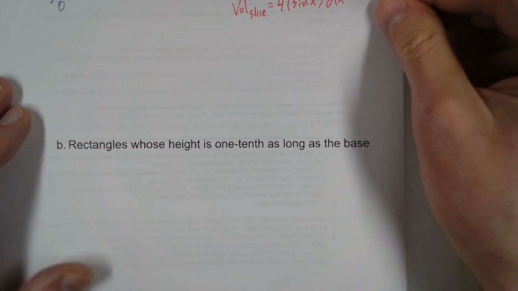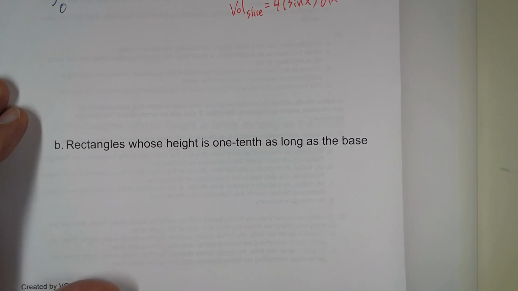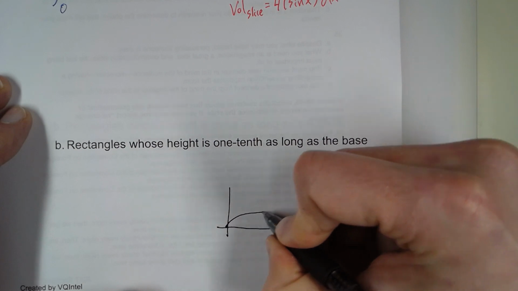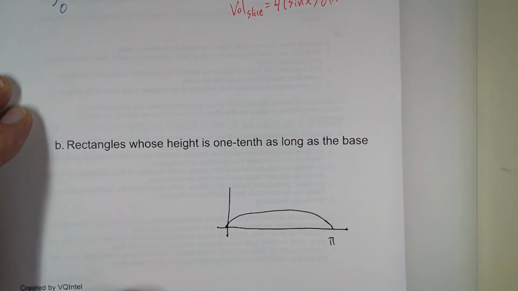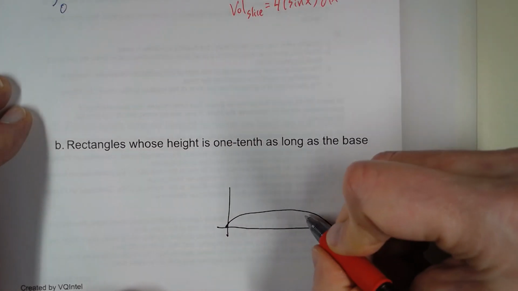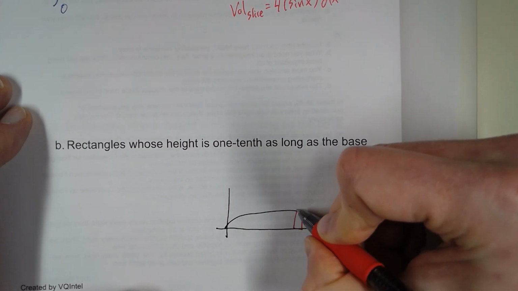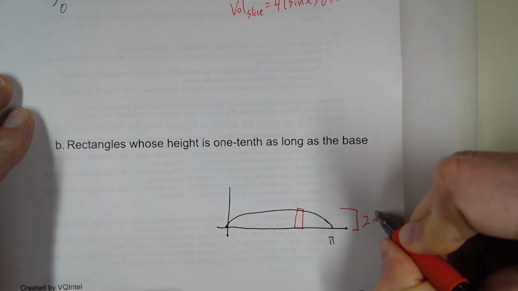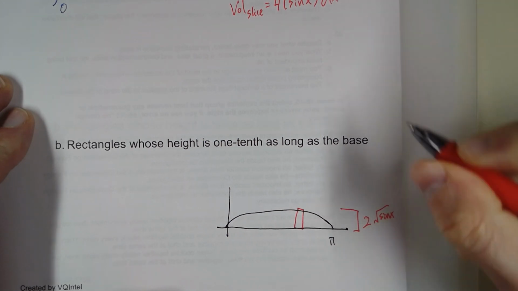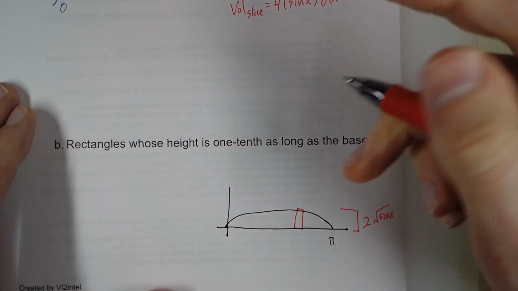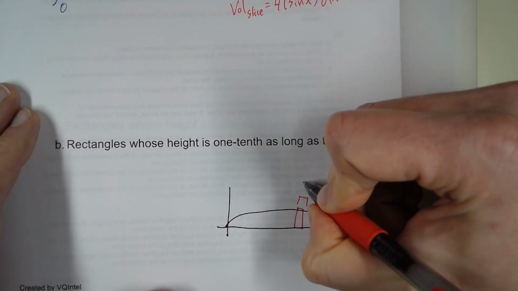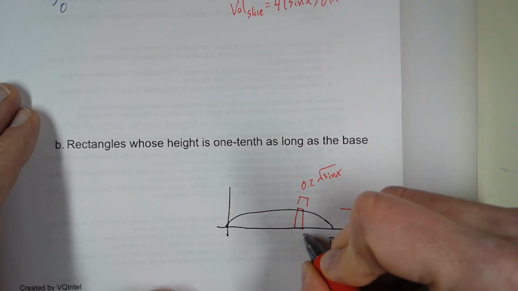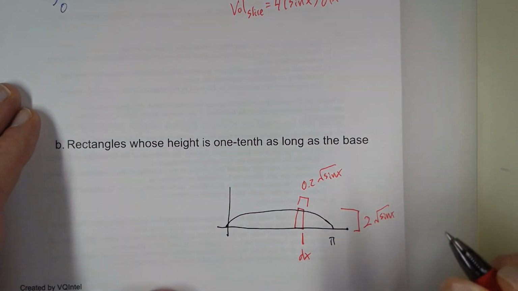Letter B, same region, but now the rectangle is 1/10 as long as the base. So here's my slice, and the rectangle doesn't stick out very much. So we have 2 square root of sine x. Now the height is 0.2 square root of sine x, and the thickness is dx.